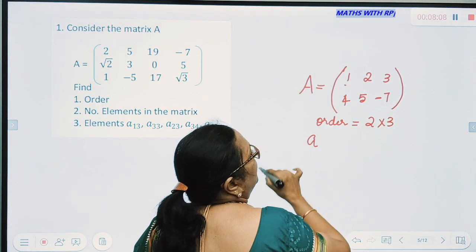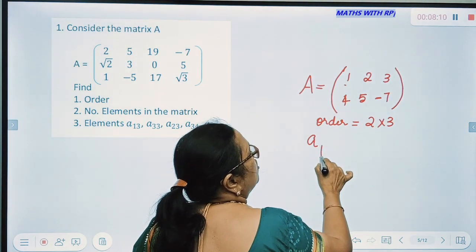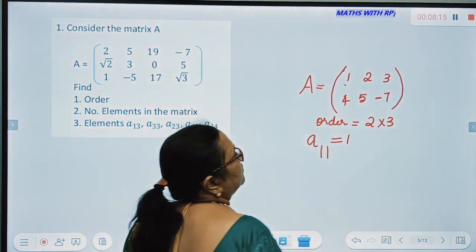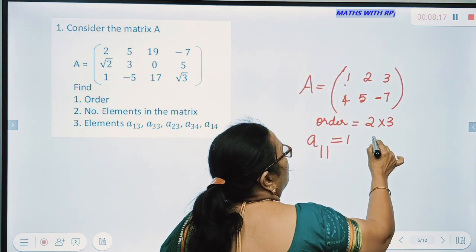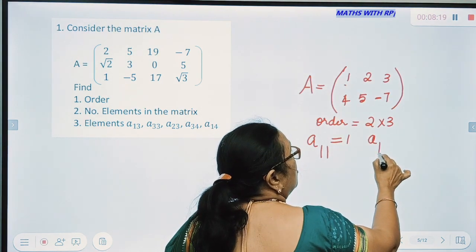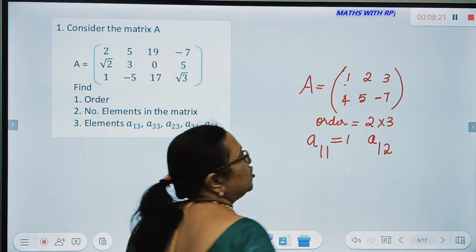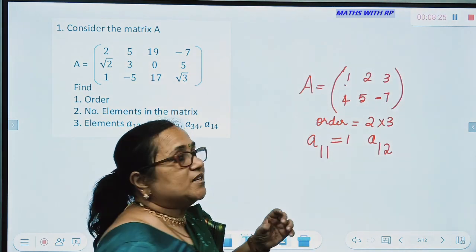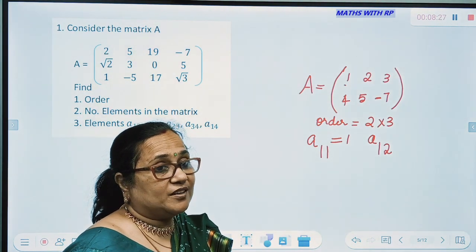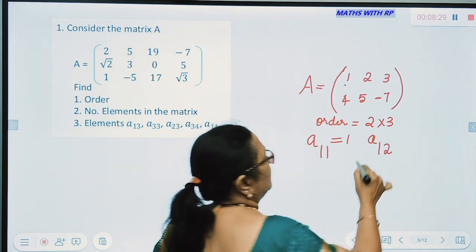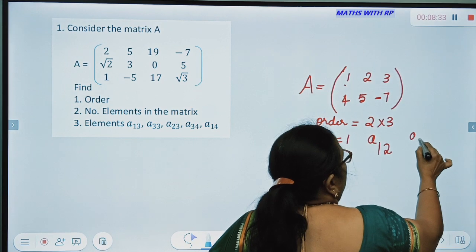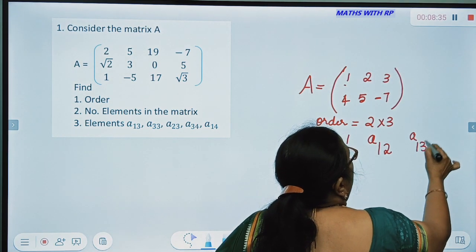It is the element in the first row, first column. So A11 is 1. Now if you look at 2, it is in the first row but second column. So A12 is 2. So each element has an individual feature, and that is what we are capturing in view of its position. So 3, first row, third column, is A13.